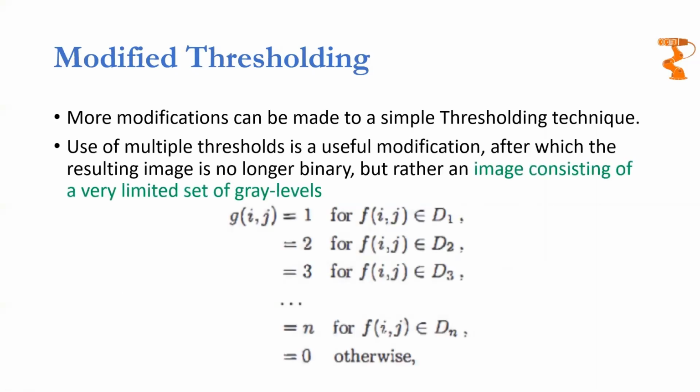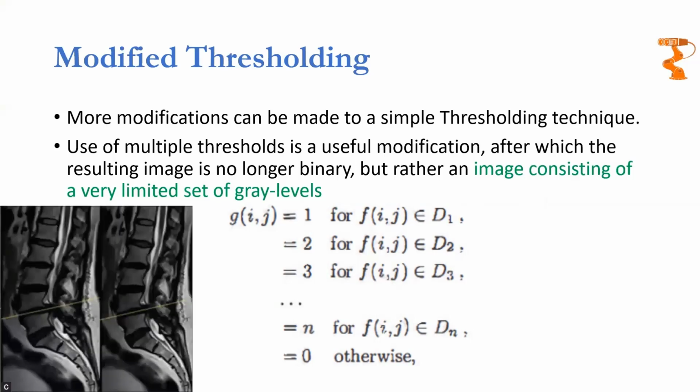We can have this kind of band thresholding as well, where there is not one band, but there are multiple bands. You must have seen things like an MRI scan or a CT scan. There you normally have, for example, five or six colors, or five or six gray levels, you can say. So what is happening?